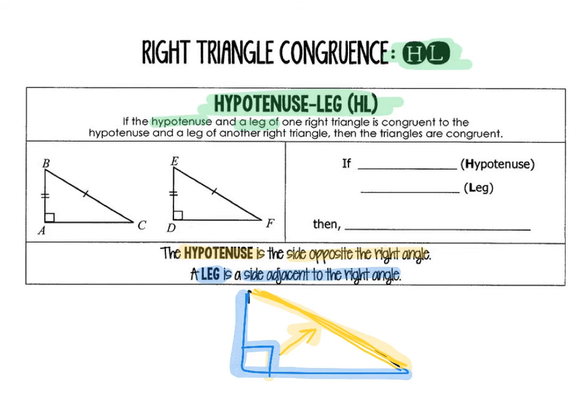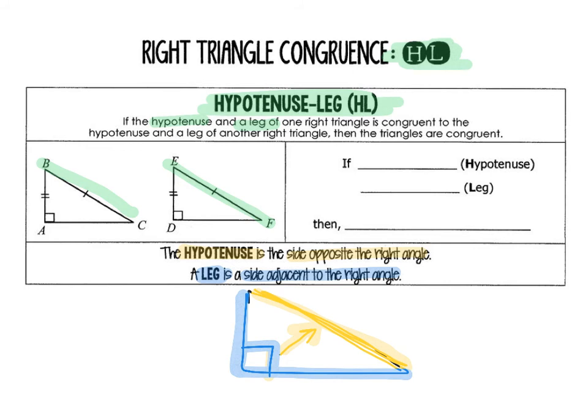Okay, so the HL theorem, hypotenuse leg theorem, tells us that if the hypotenuse and one of the legs are congruent, then the triangles are congruent. So for example, here we're given that BC is congruent to EF. Those are both the hypotenuses because they're opposite the right angle.